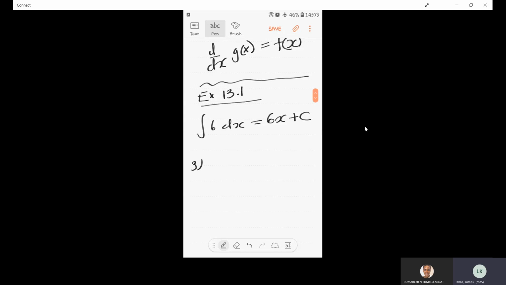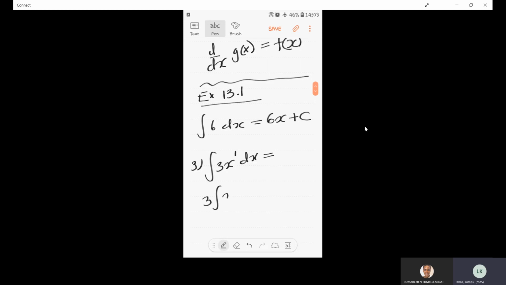Number 3, integral of 3x dx. To integrate this one, the exponent of x is 1, so you'll do the opposite of what you do in differentiation. So you add 1, and then instead of multiplying, you divide. So the 3 can come outside.